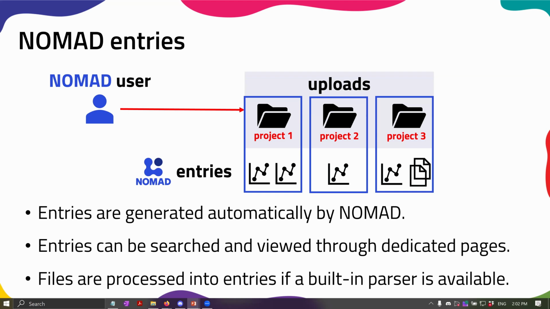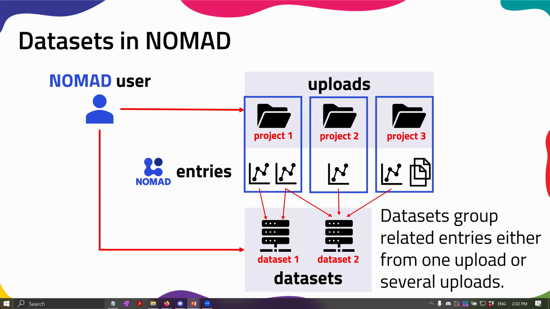And the last element is basically the datasets. Datasets are created by you, the user, for the purpose of grouping related entries and curating data, for example, for the purpose of publishing them and assigning them a DOI.